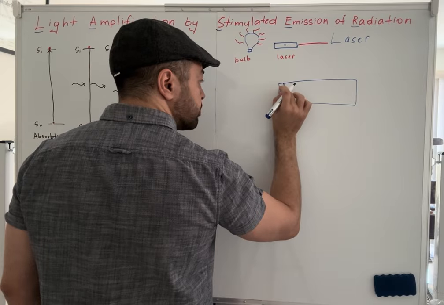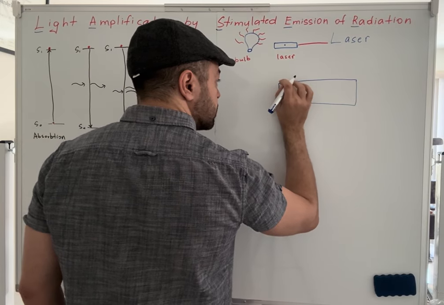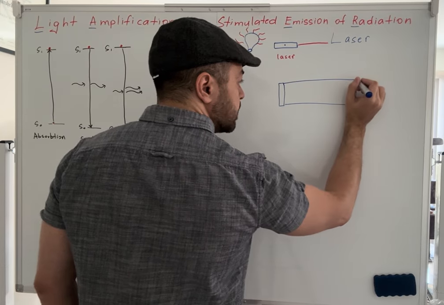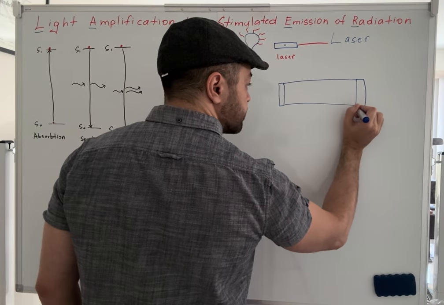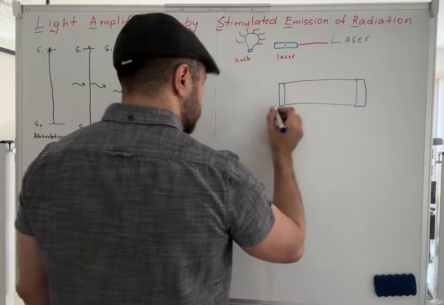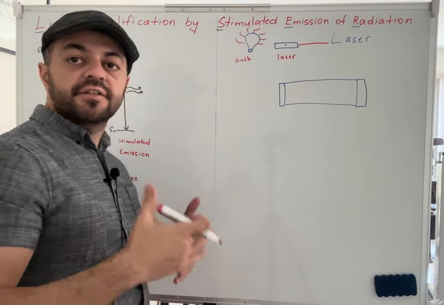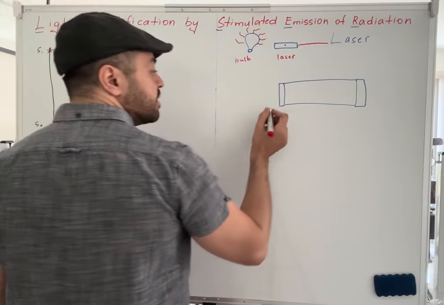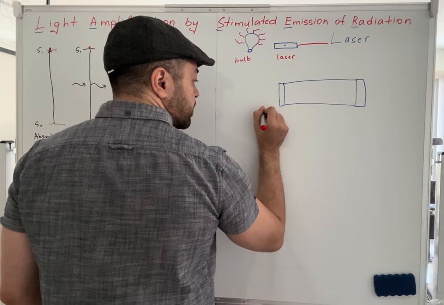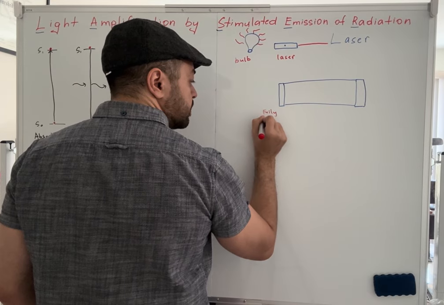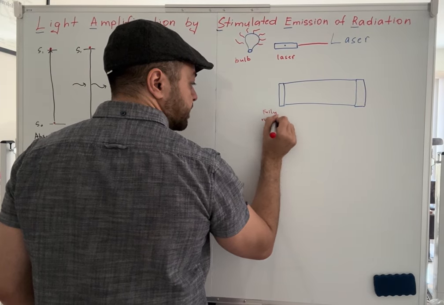Sorry, I'm just going to draw it properly. So this is mirror number 1, and this is mirror number 2. Mirror number 1 is 100% reflective, so I'm just going to write it's fully reflective.